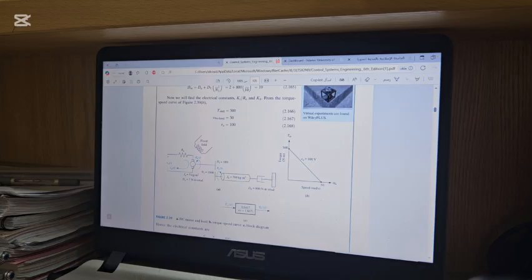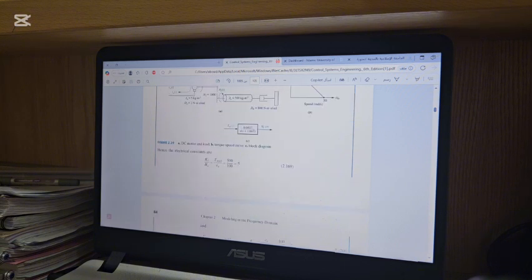And this is the schematic diagram, in which we have the impedance, the inertia, the damper, and the electrical current. Also we can find KT over RA, which is equal to torque over EA.